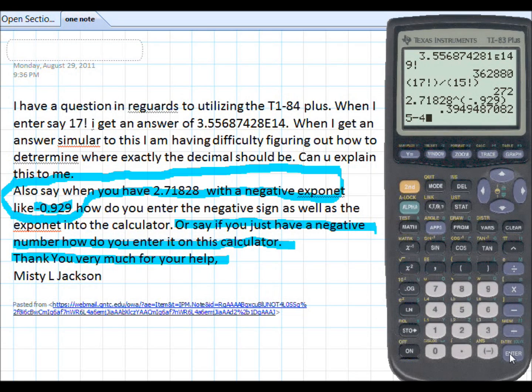If you were to write the same thing and turn it into an addition problem, that would be 5 plus, and where's plus? There it is, plus. And then you're going to need to put in a negative 4, which is different than the minus sign. So that is how you put in negative numbers.